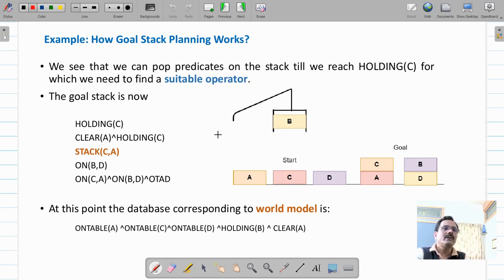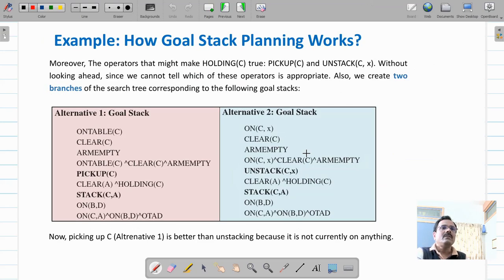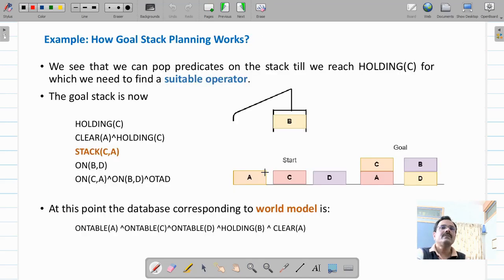Right now your world knowledge is: A is on table, C is also on table, D is on table, the arm has B, and A is clear. Now whether we should select pick up C or unstack CX. If you look at the current situation, you can perform pick up C because C is clear, but for that purpose the arm should be empty.